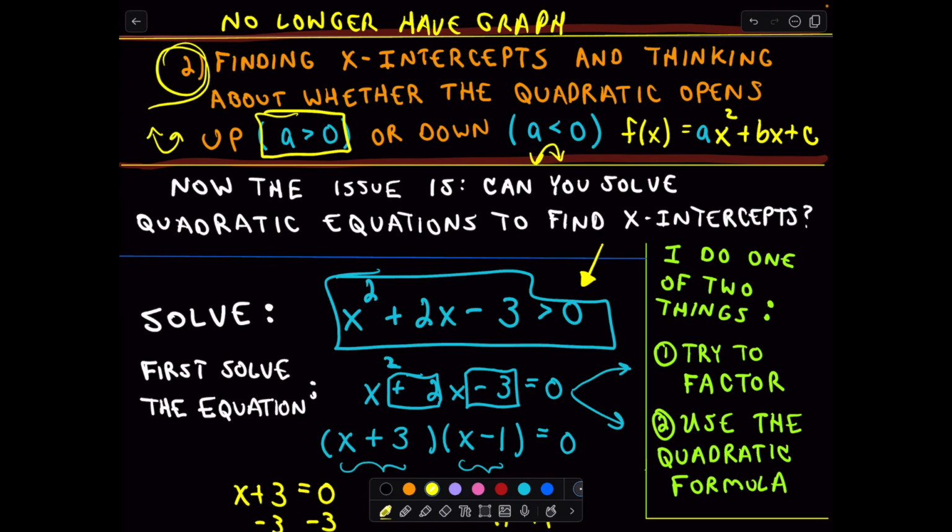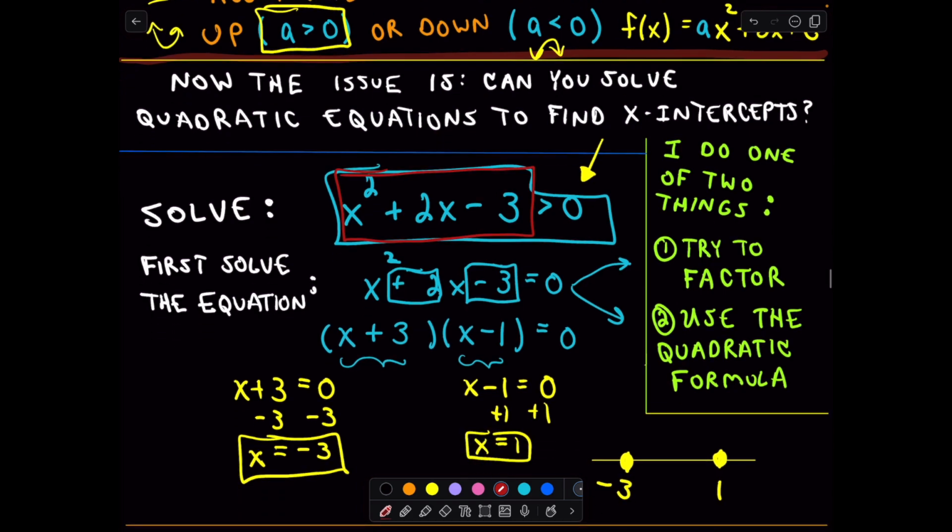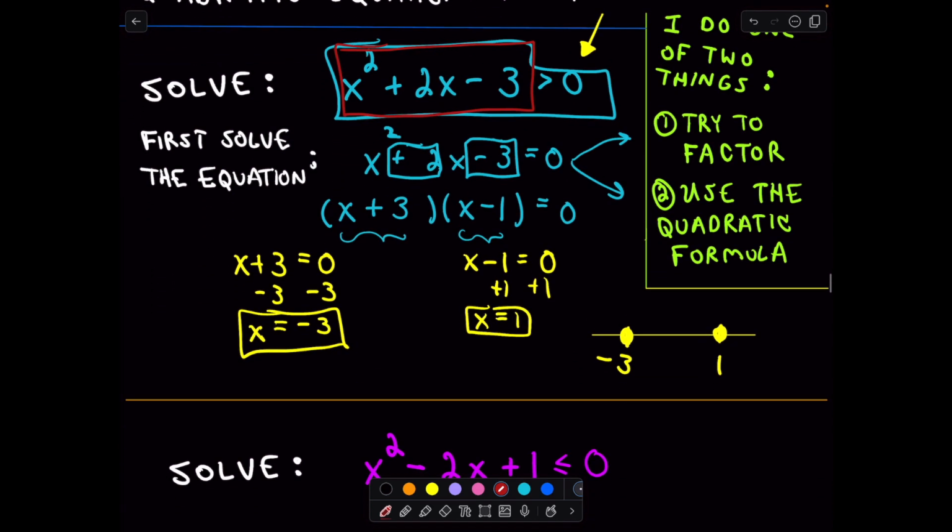Well, if I think about y equals x squared plus 2x minus 3, the leading coefficient is +1. And since it's +1, I know that my graph has to open upwards. So the graph looks something like this.